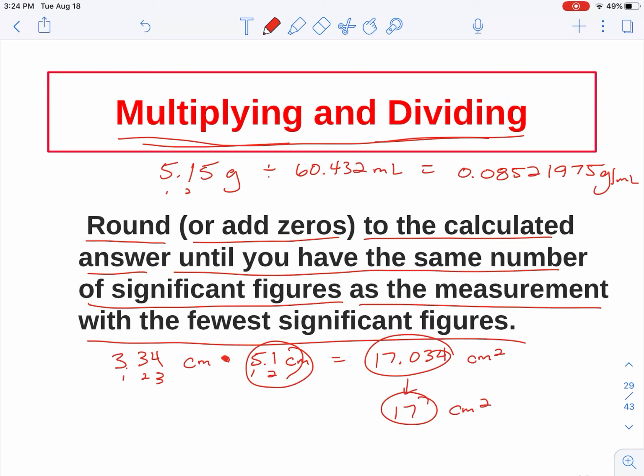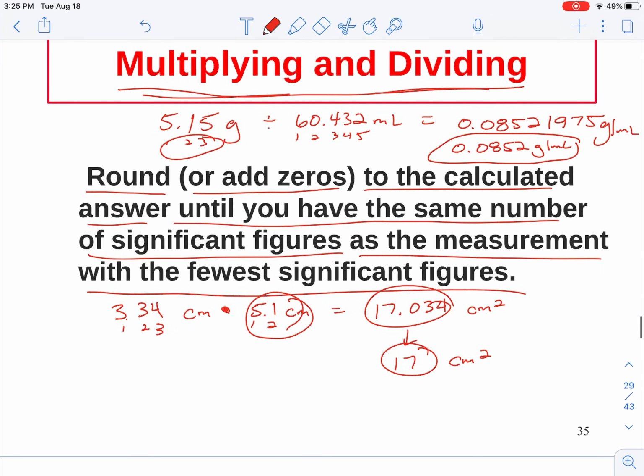Notice this only has 1, 2, 3 significant figures, and this has 1, 2, 3, 4, 5. So our answer is going to be rounded to 3 significant figures, which is the least amount there. So it'd be 0.0852 grams per milliliter, which would be more accurate than what we're looking at there. So that's multiplication and division.